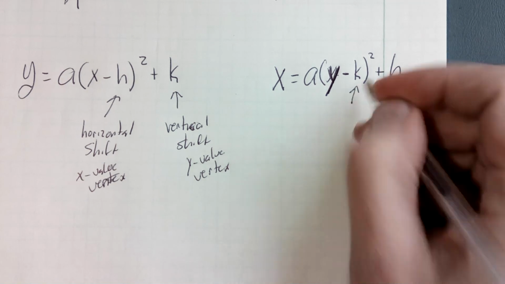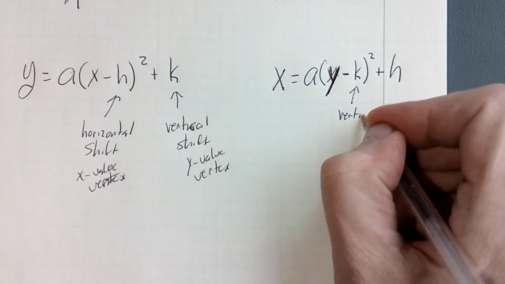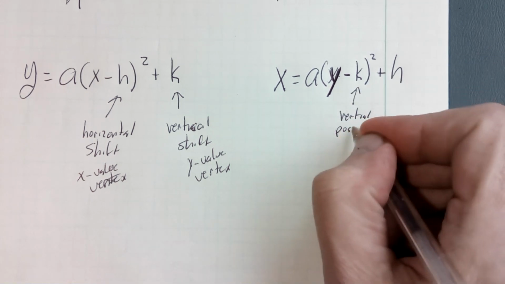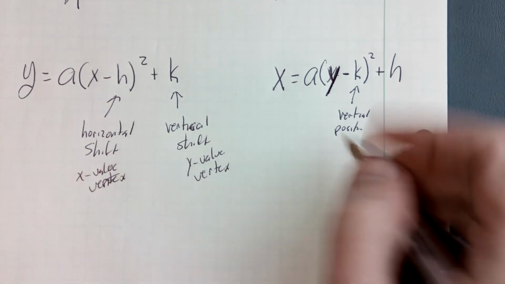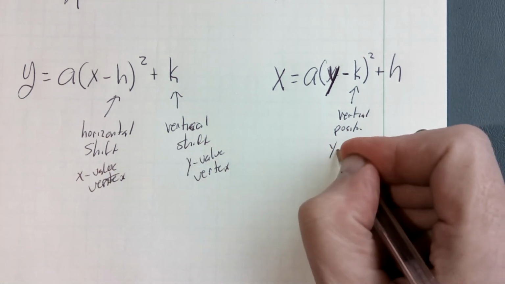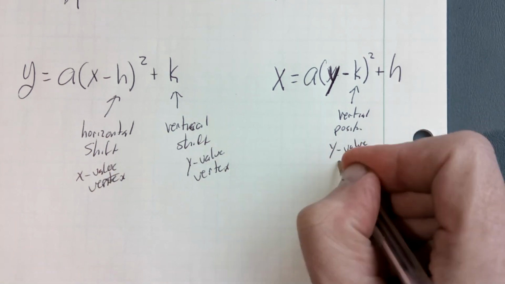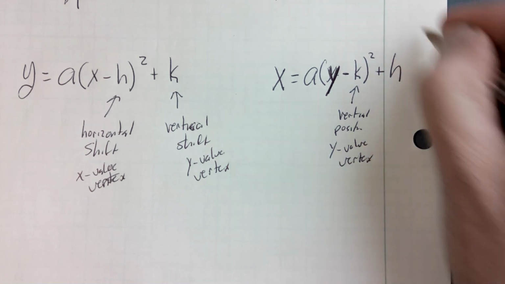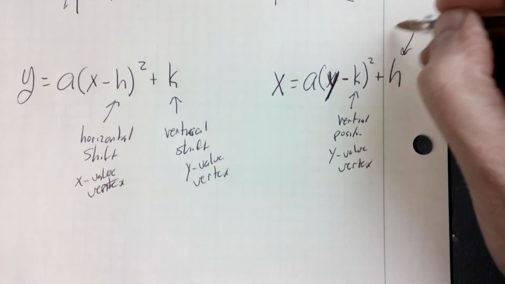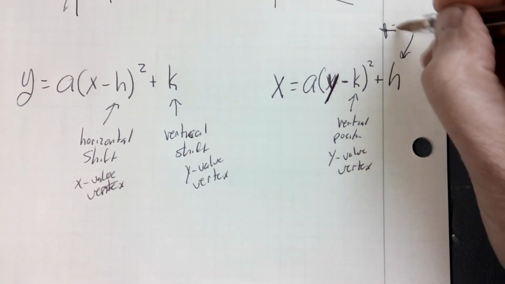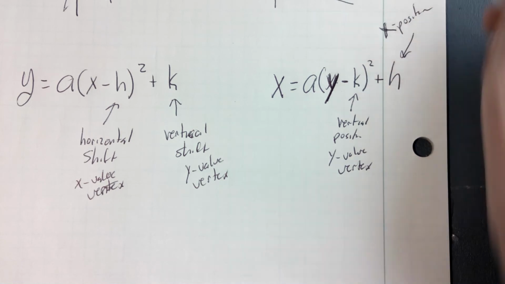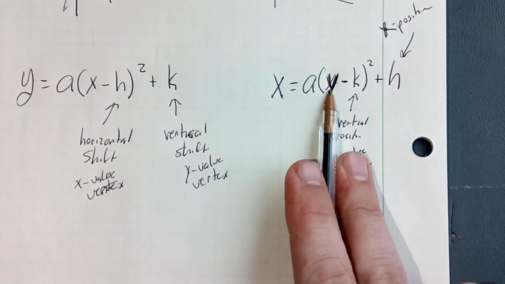This is the vertical position or shift, or the y value of the vertex. This is the x position. So they're swapped, just like the x and y are swapped.